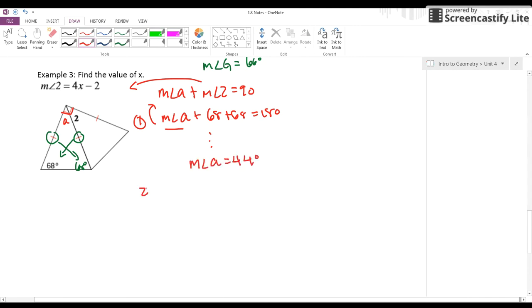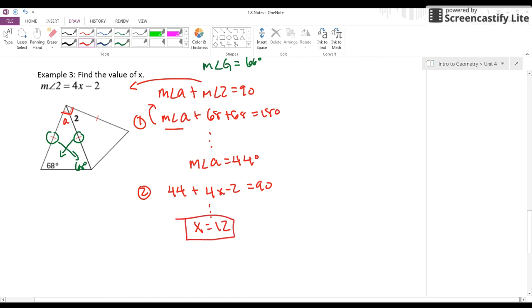So then what I can do now is say, well, 44 degrees plus whatever the measure of angle 2 is would equal 90, and angle 2 is 4x minus 2. So that should equal 90 degrees. So then I can do that math work, and I should get 12. Yep, so x is equal to 12.